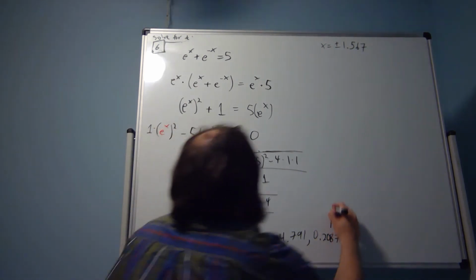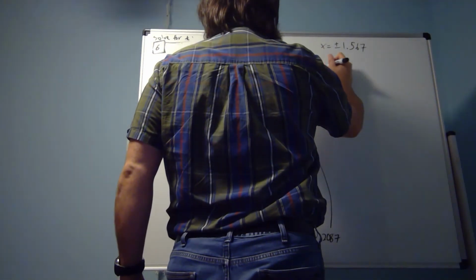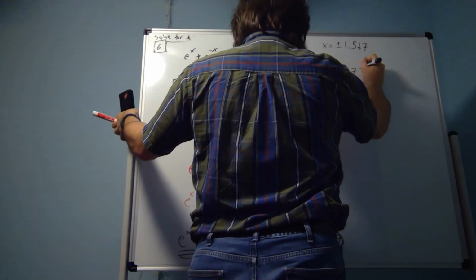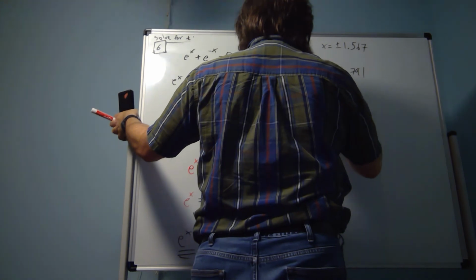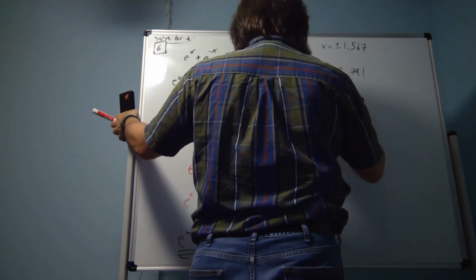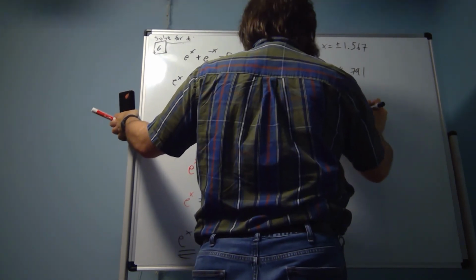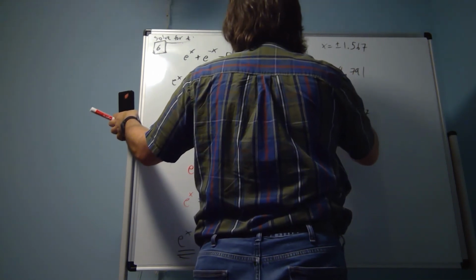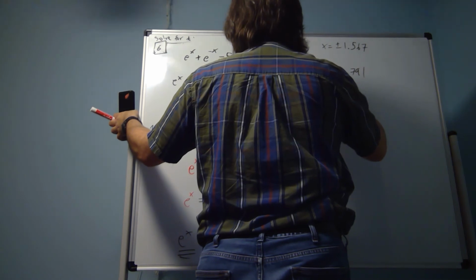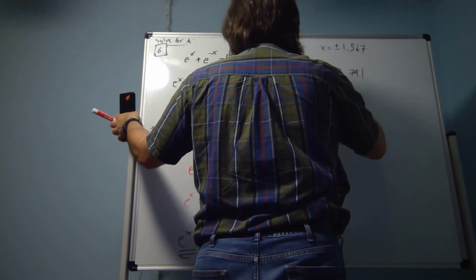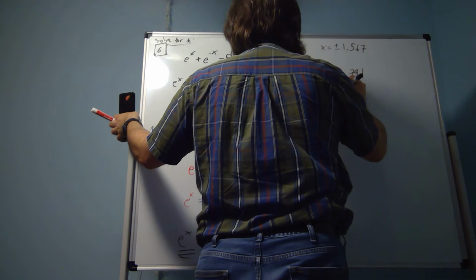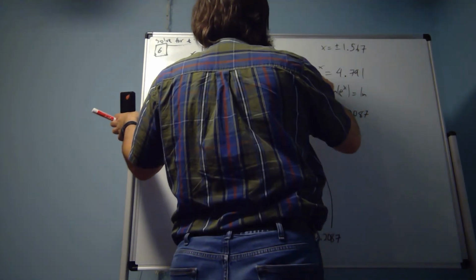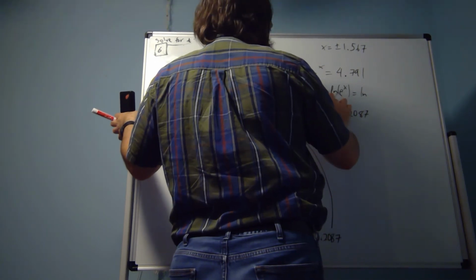So we have to do one step farther. To get x, we have to take ln to cancel out the exponential function.